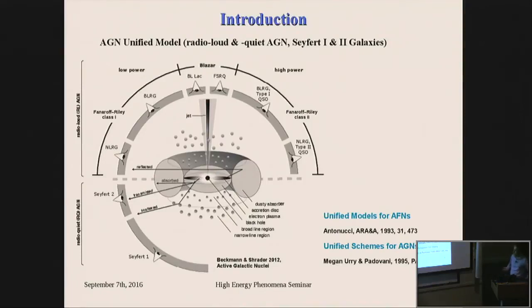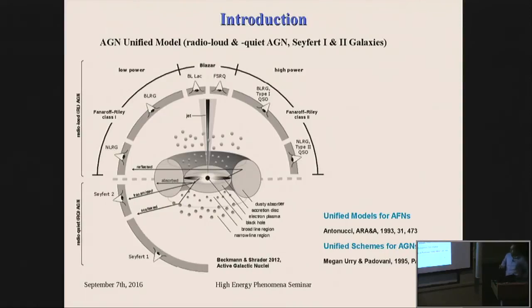Seyfert 1 is very bright in X-ray and ultraviolet observations, while Seyfert 2 is very bright in infrared observations. This suggests that we are seeing Seyfert 1 and Seyfert 2 from different inclinations with respect to the line of sight. Seyfert 1 we are seeing from low inclination, while Seyfert 2 we are seeing from high inclination.